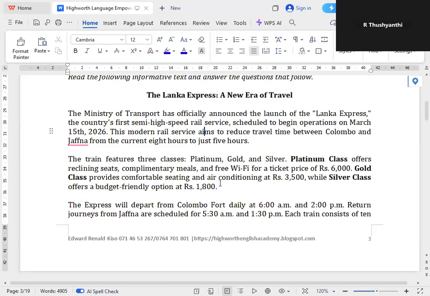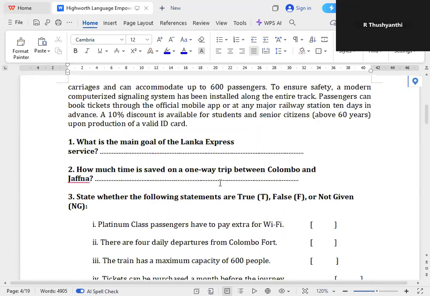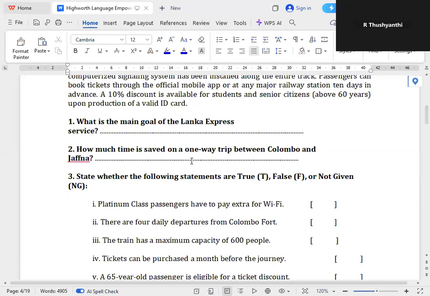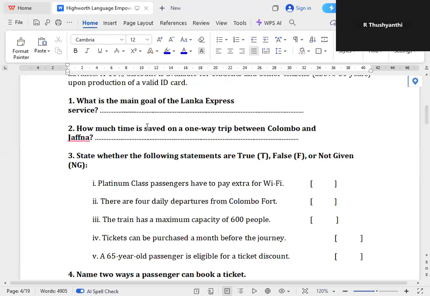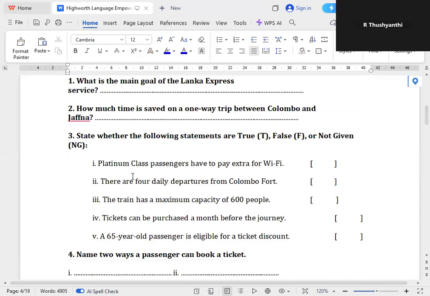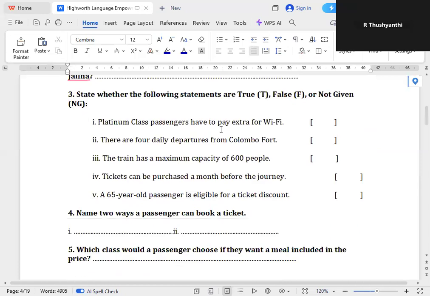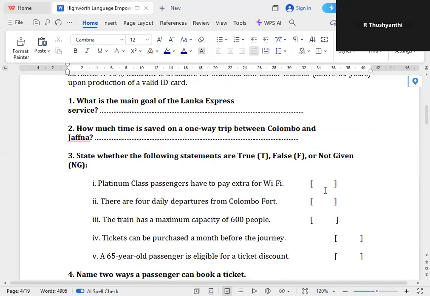Based on this article, there are questions. You have to give answers for these questions, and there are some other questions where you just have to insert whether they are true or false.